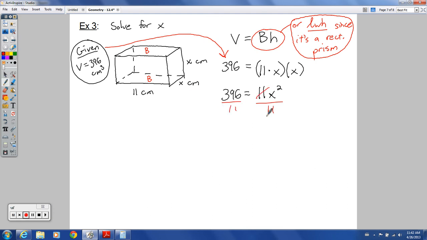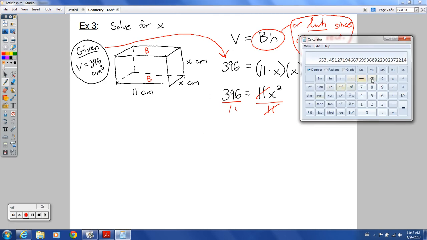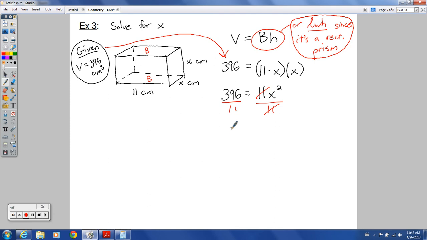Divide by 11 to get x squared by itself. That's not going to be x, but it's going to be x squared. And 396 divided by 11, I don't know that one off the top of my head, so I'm just going to double check my work here. Yep, it is 36. So that reduces down to this.